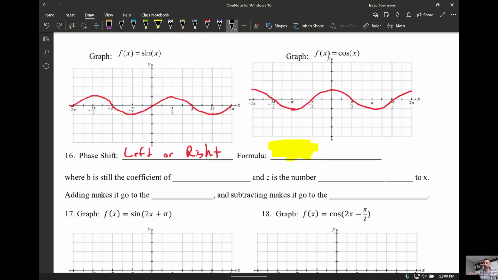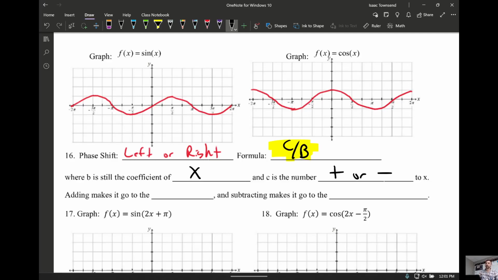This one is C divided by B, where B is still the coefficient of X. It's the same B that we use to compute period. And C is the number that we add or subtract to X. So if we add or subtract something to X, we are going to be shifting our graph right or left.